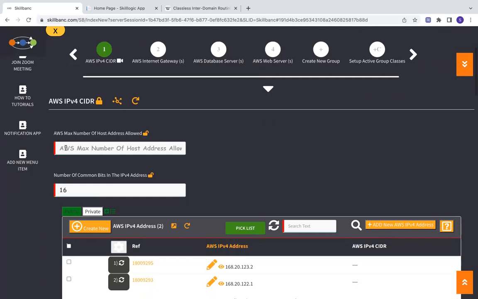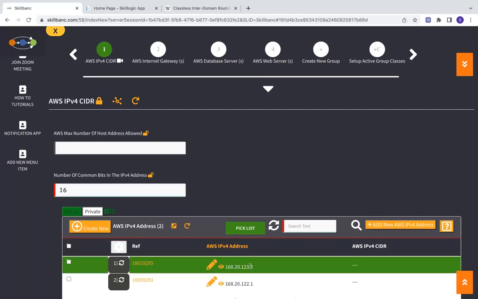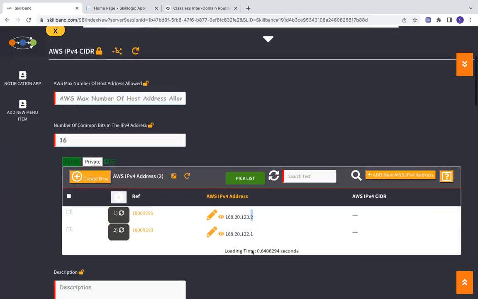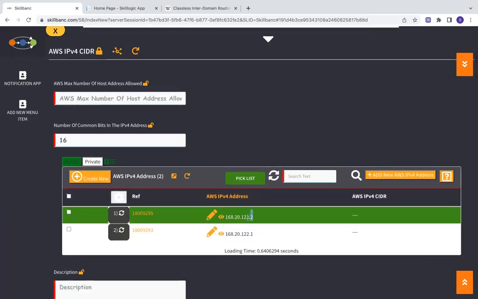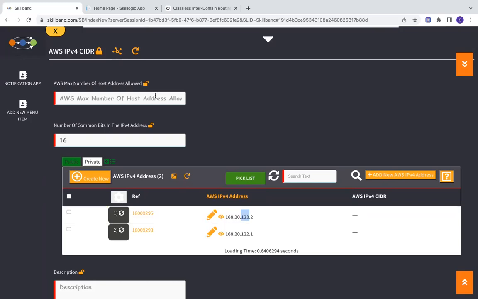So an exercise would be, how many will you have in this case? 254 addresses in this section, and then 254 max in here. So 254 multiplied by 254. Whatever that number is, we'll have to put it there.